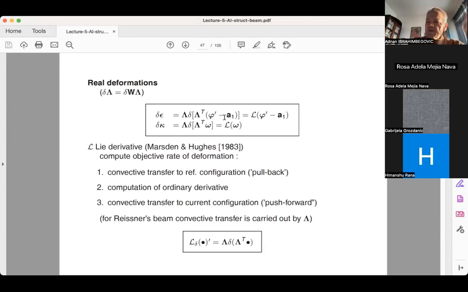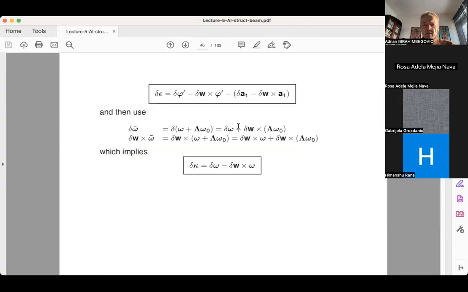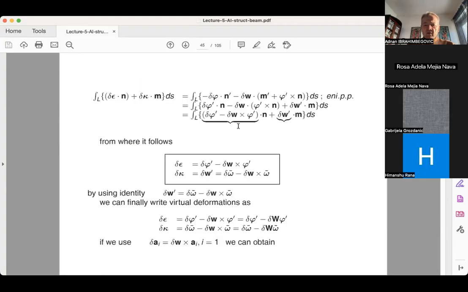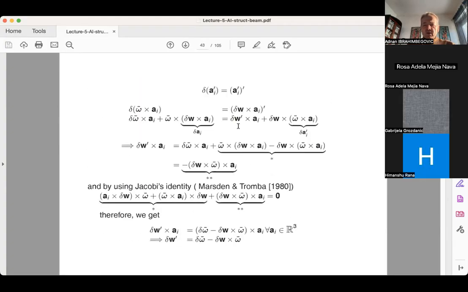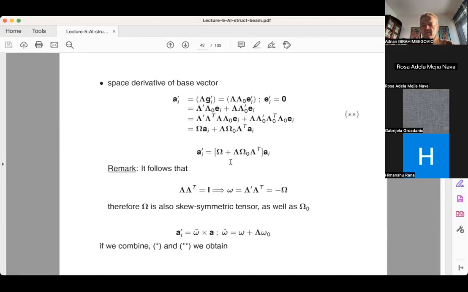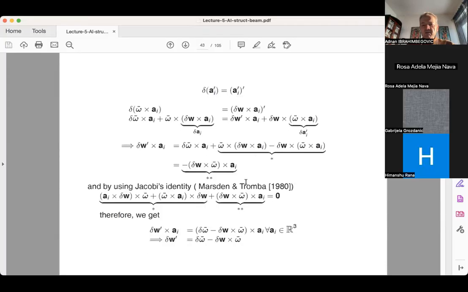One is phi prime minus A1, and the other one simply little omega, or the derivative of the orthogonal tensor with respect to S. So I conclude that the finite strain measures for the beam that are conjugate to the stress resultants N and M are given, for the forces, by phi prime minus A1, and for the moments, by little omega, being the axial vector of the orthogonal tensor that is the derivative of lambda times lambda transposed.